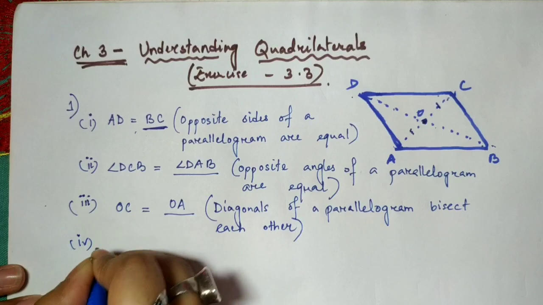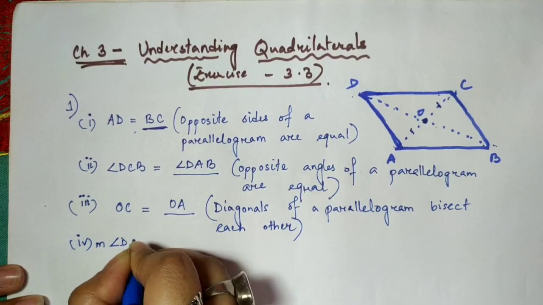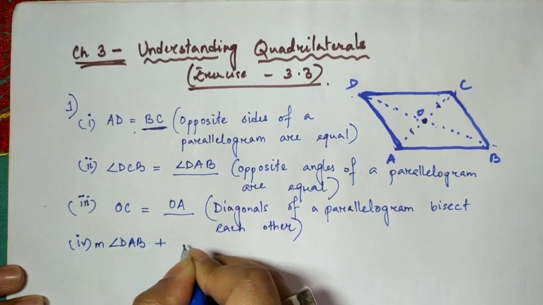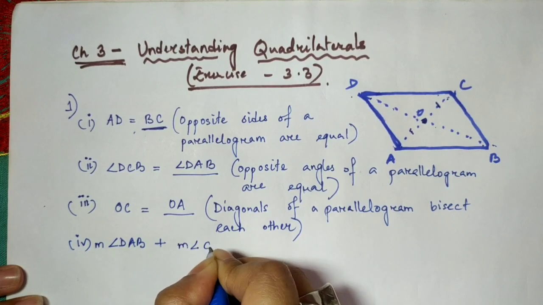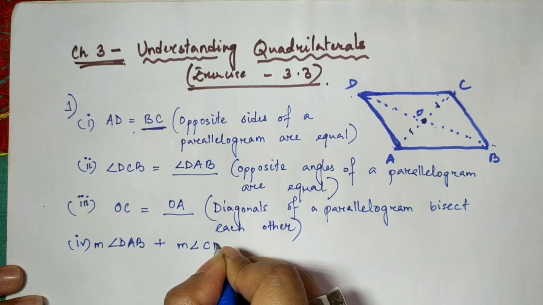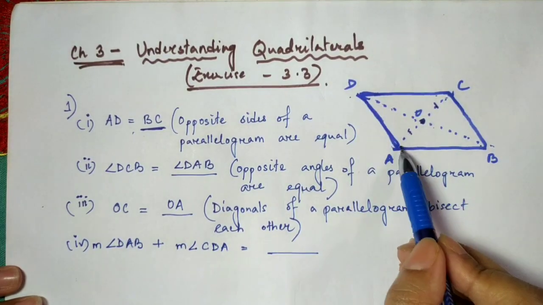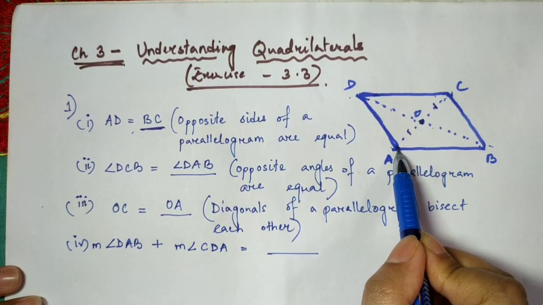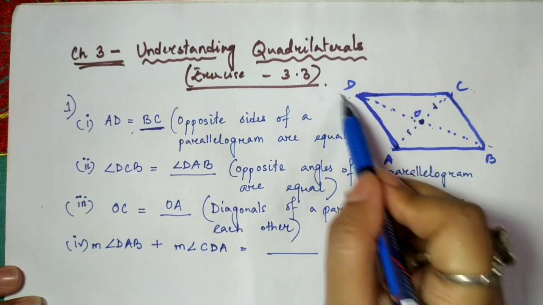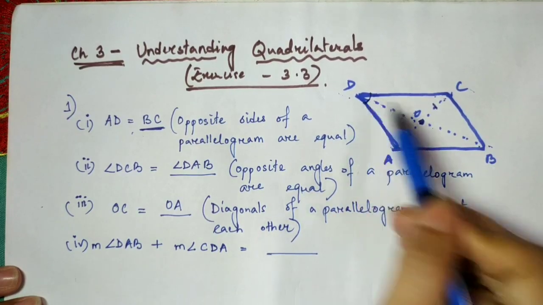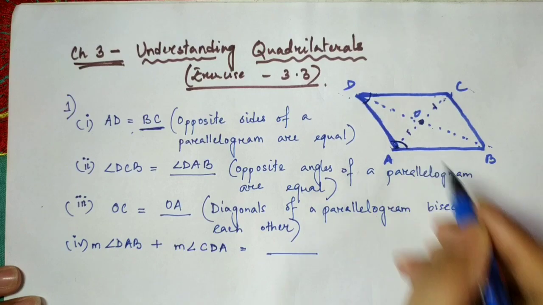Here it is given the measure of angle DAB plus the measure of angle CDA is equal to what? DAB means this particular angle and CDA this. Now see, this angle and this angle, are they not adjacent angles?